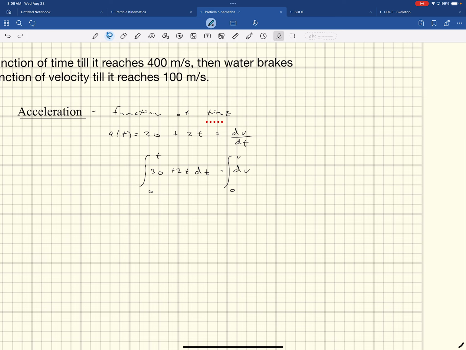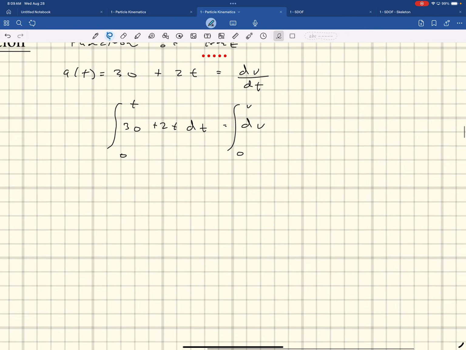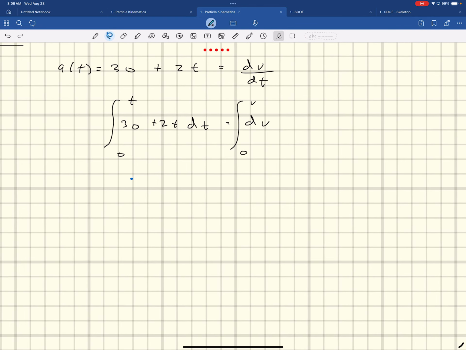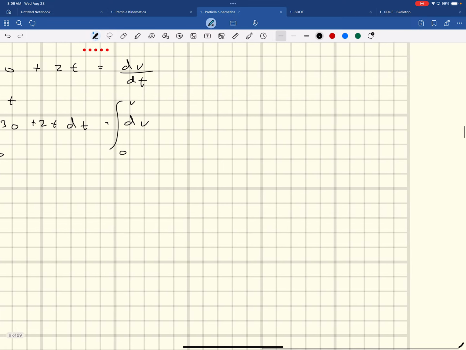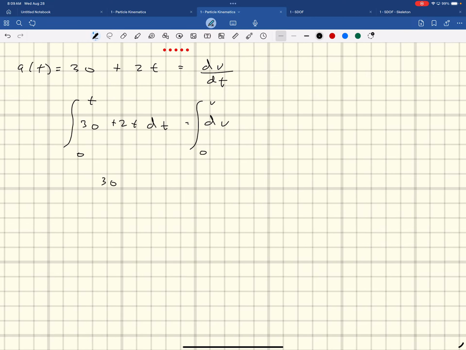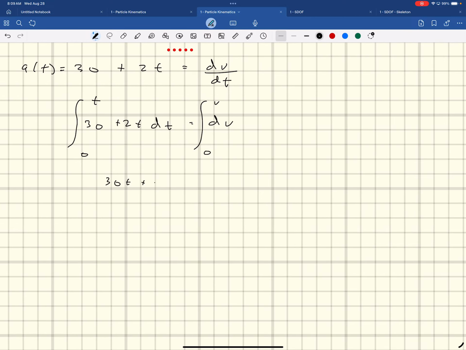Okay, and so at this point, we just carry out those integrals. Right, and that just becomes 30t plus 2t squared over 2 is equal to v.